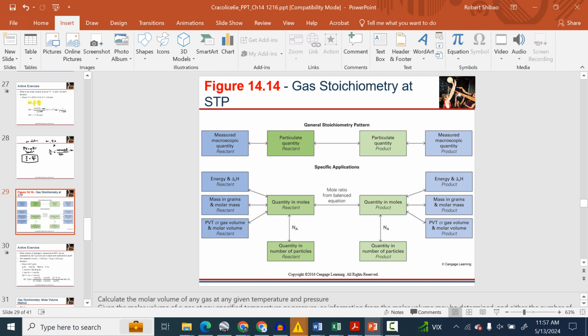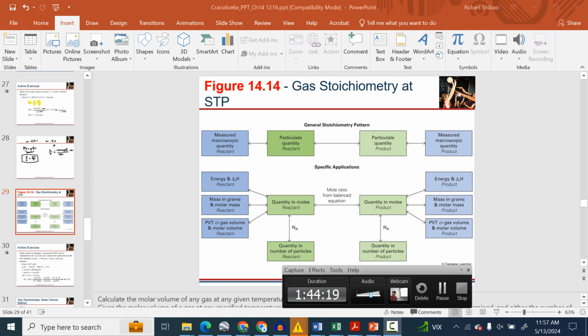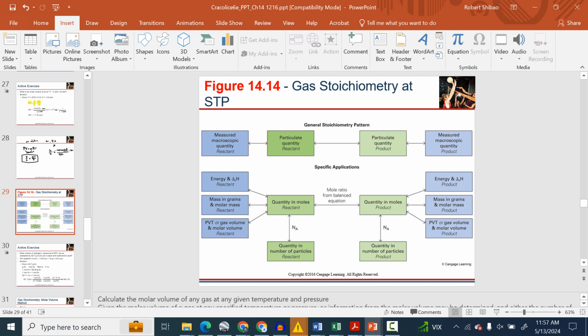All right, so what we use the molar volume for mostly is gas stoichiometry. There are different ways that we can do gas stoichiometry.